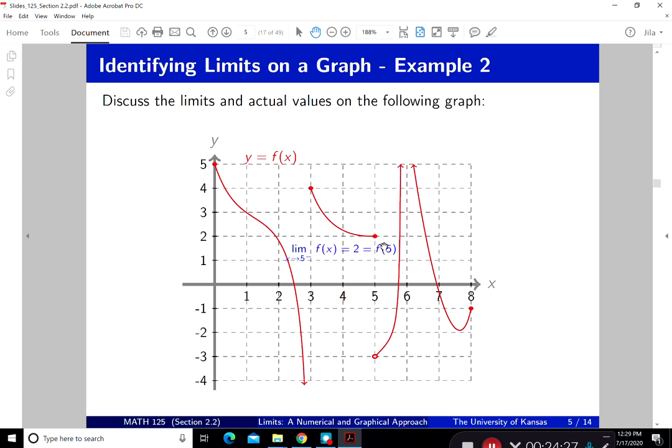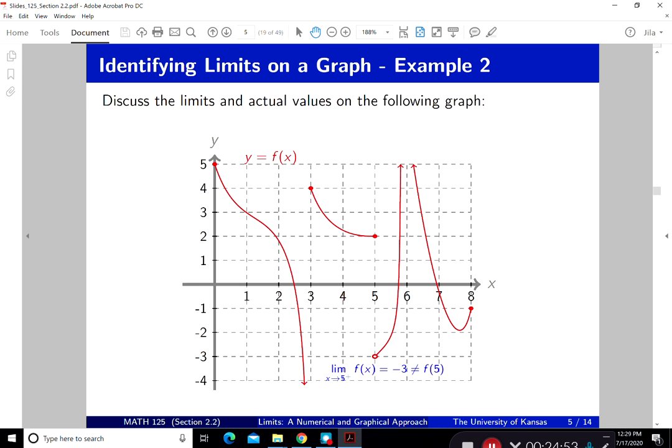And then again over here, the limit of f of x as x approaches 5 from the left is equal to 2, equal to the value of the function right there, basically. But how about the limit as x approaches 5 from the right side?